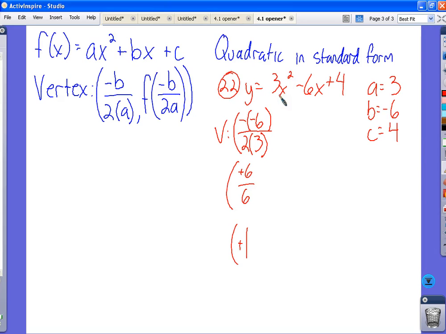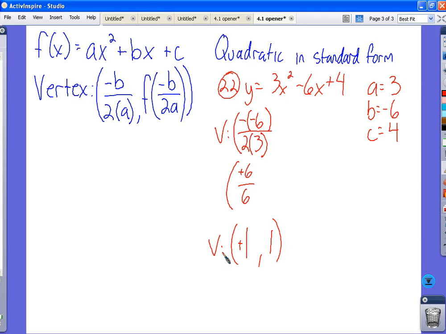So 1 squared is 1 times 3 is 3. 3 minus, well, this will be 6. 3 minus 6 is negative 3 plus 4. Negative 3 plus 4 is positive 1. There's the vertex.